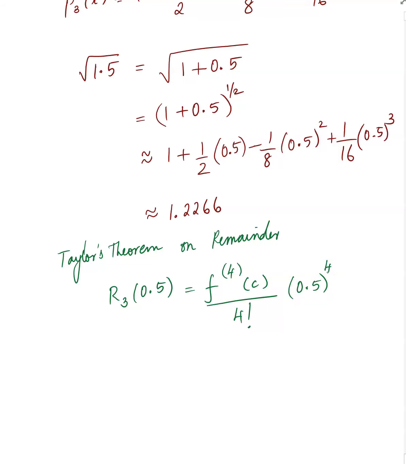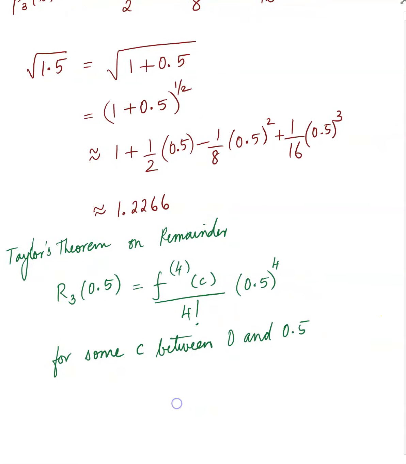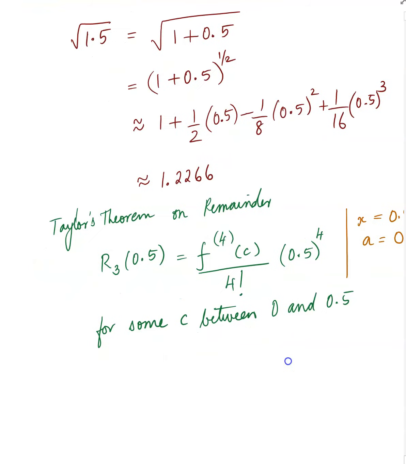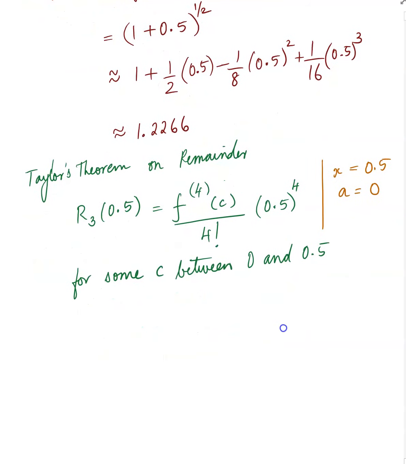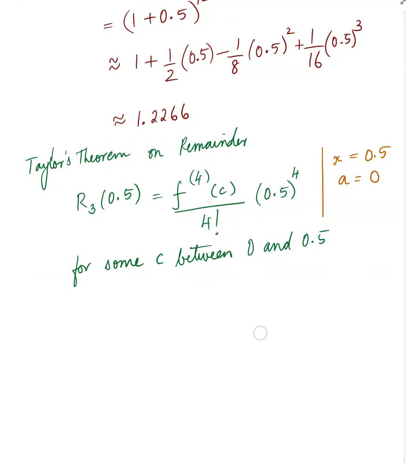And this is true for some c between 0 and 0.5. Now if you're looking at the formula, this might help you a little bit. In that formula, we are using x as 0.5, and you know this is Maclaurin, so a has to be 0, right? It's centered at 0. So if you're using the formula, that is what we did with the a and with the x.